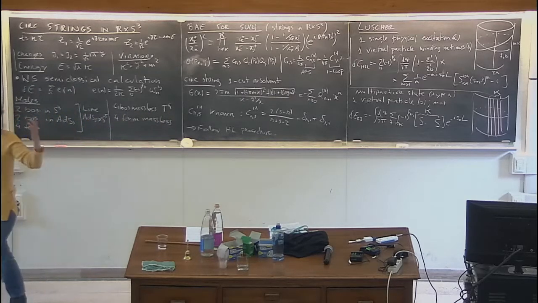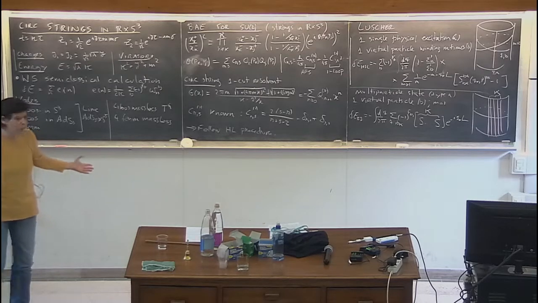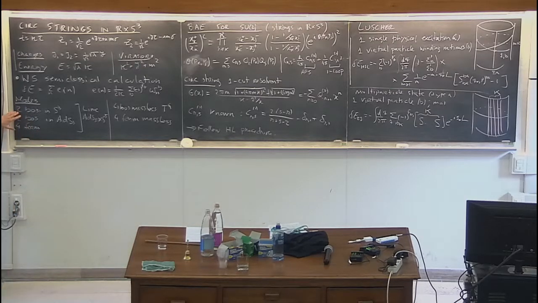What happens with the frequencies of these modes is that once you sum them, they basically cancel out. And what you're left with are 2 bosonic modes of S3, which are basically 2 of the modes that you'd have from S5, 2 bosonic modes in AdS3, again inherited from AdS5, and 4 fermionic modes.